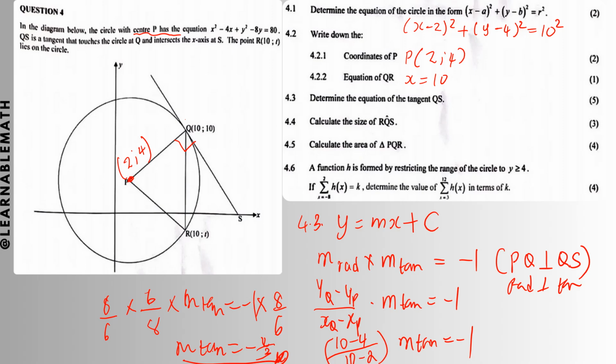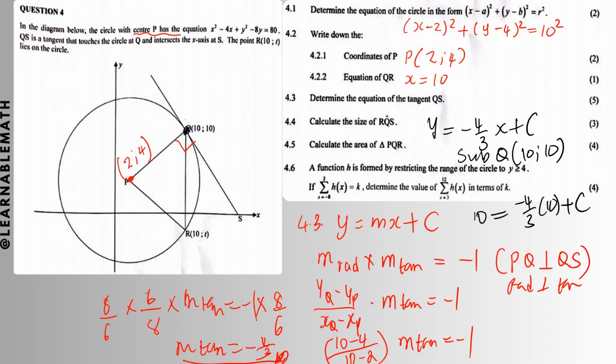Okay, so now in our equation, maybe let me use a black color, y is equal to -4 over 3x plus c. We are only left to get c. We have a point on the tangent, q. We can substitute point q, which is 10 and 10. So where there is y, you put 10, where there is x, you also put 10, and you can solve for c, right? So it will be -4 over 3 times 10, which will give us -40 over 3.